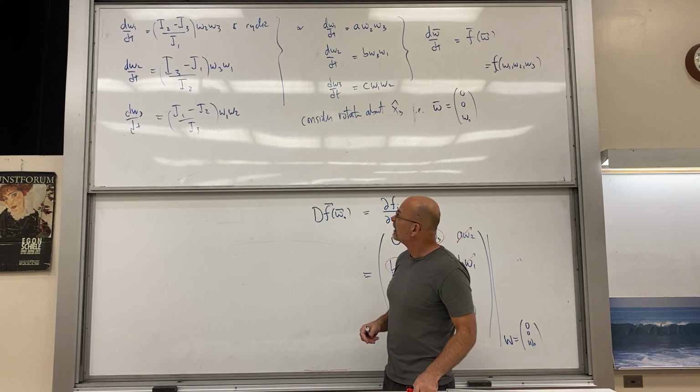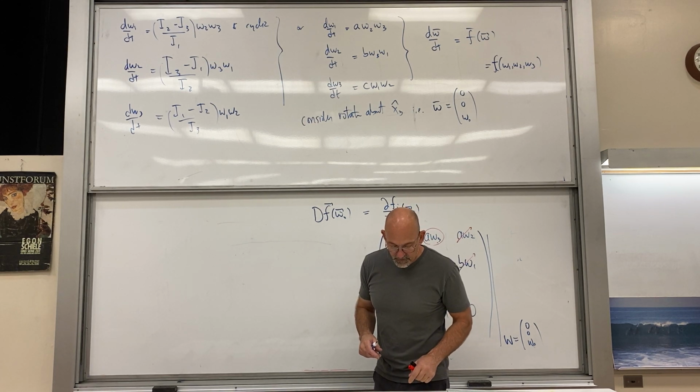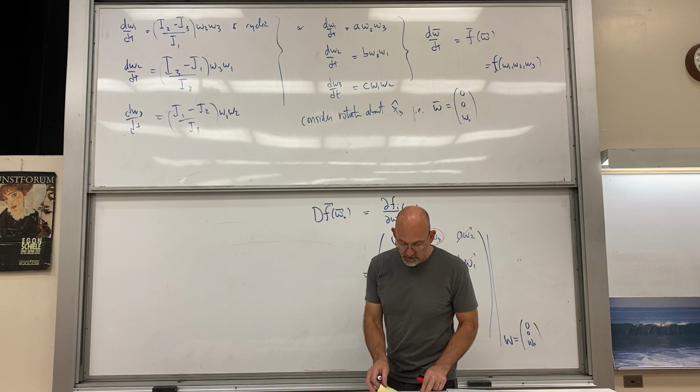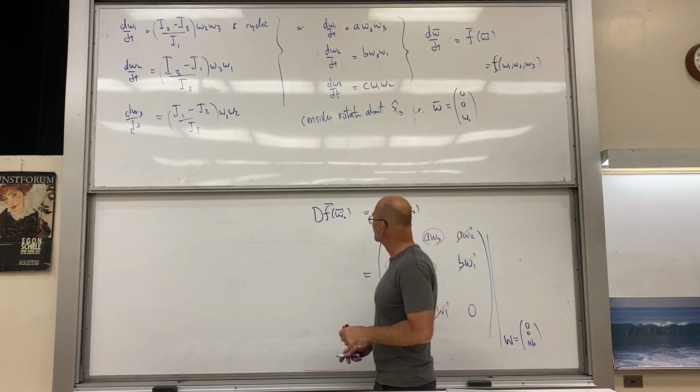Making sure, so that was 2 minus 3 over 1, 3 minus 1 over 2, 1 minus 2 over 3, okay, that's all fine. ABC. So now what you're trying to do is find the eigenvalues of this matrix.